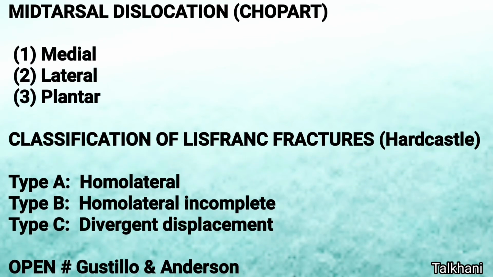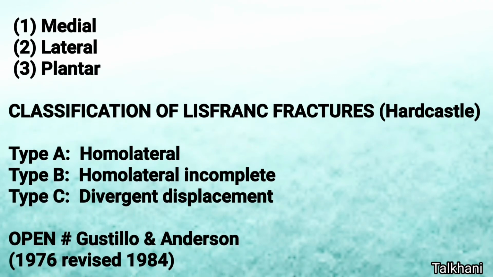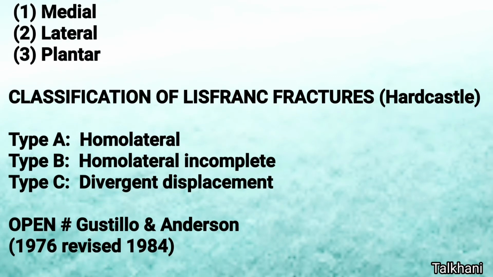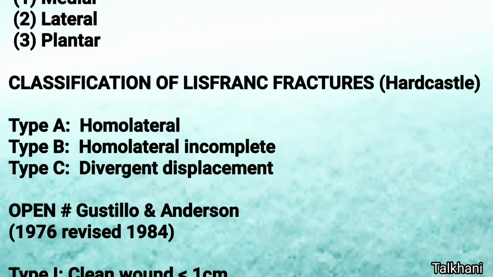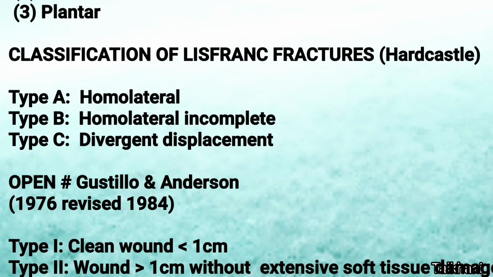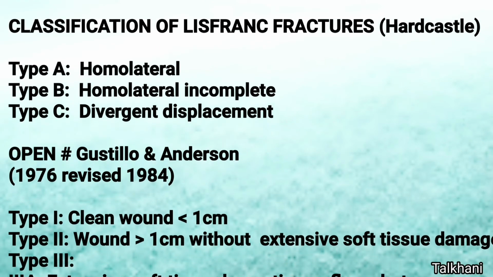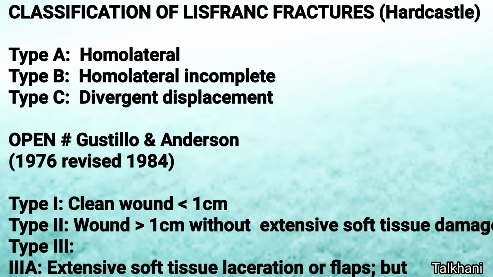Open fractures are classified by Gustilo and Anderson, described in 1976 and revised in 1984. Type 1 is a clean wound less than 1 centimeter in diameter. Type 2 has a wound more than 1 centimeter in diameter without any extensive soft tissue damage.